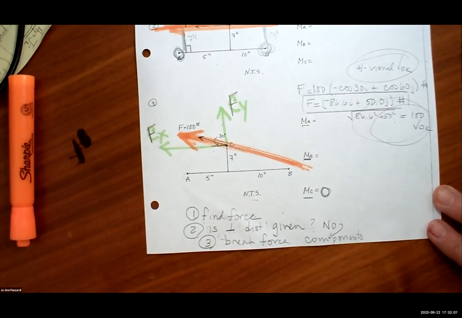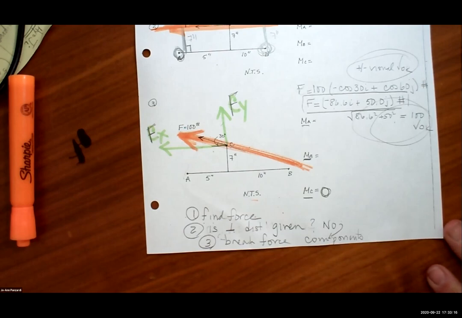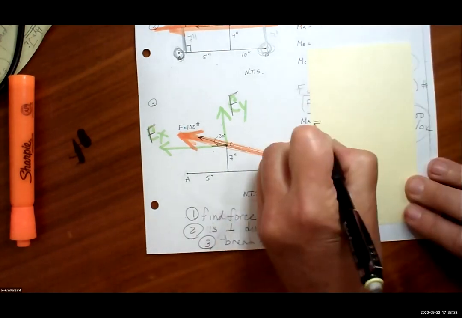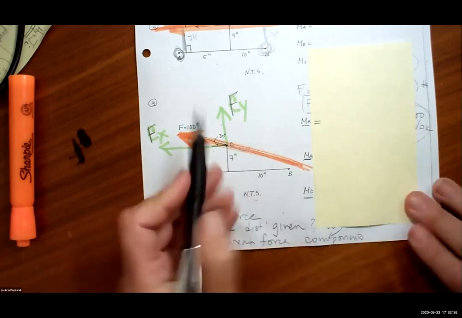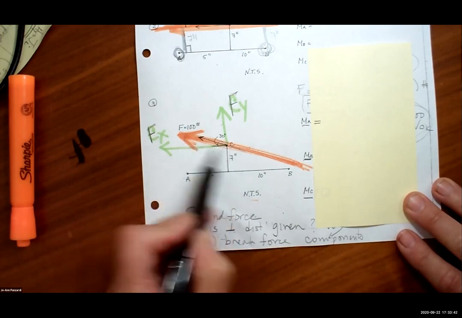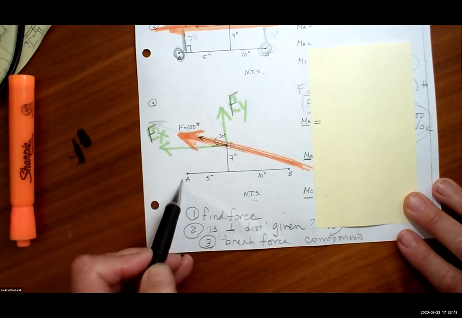Okay. Jordan. So now I want to find the moment about A, and I'm going to need a different sheet of paper. Everybody has the components. I'm now putting this over it. So the moment about A. If this force here is going up diagonal, is it going to create a positive or a negative moment about point A using the right-hand rule?